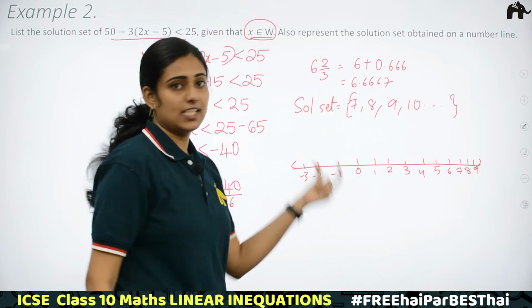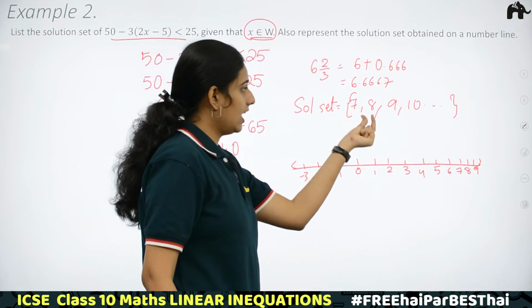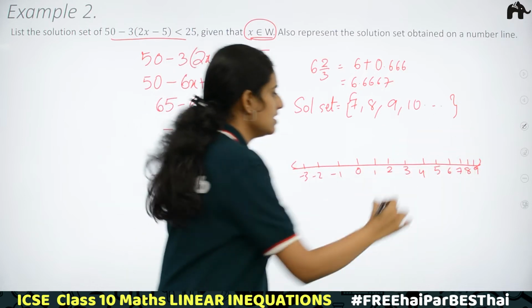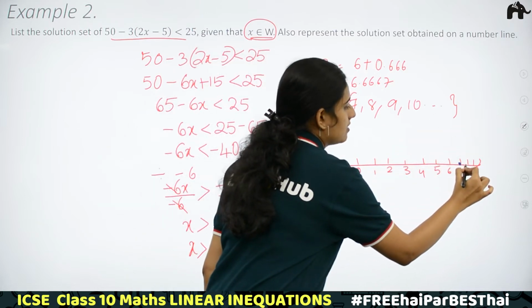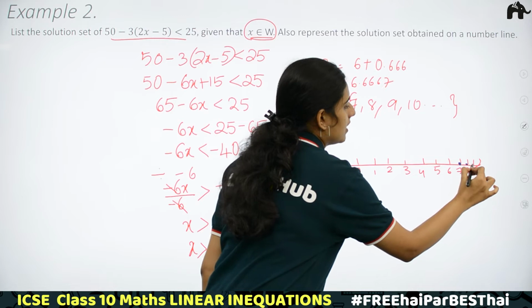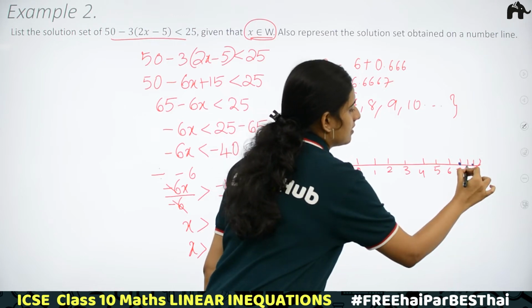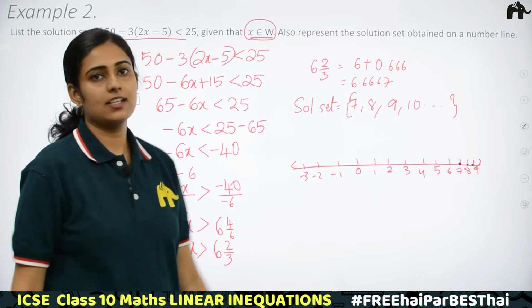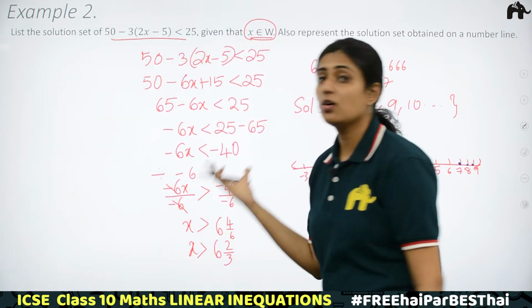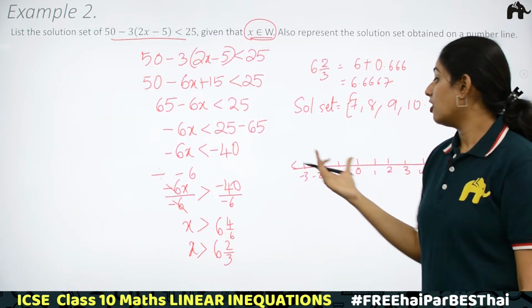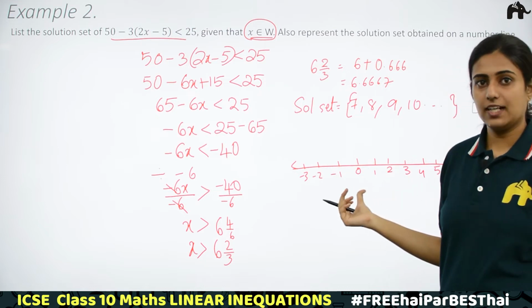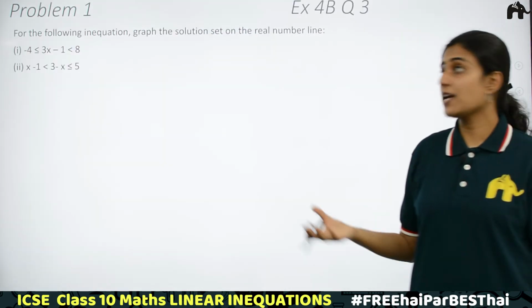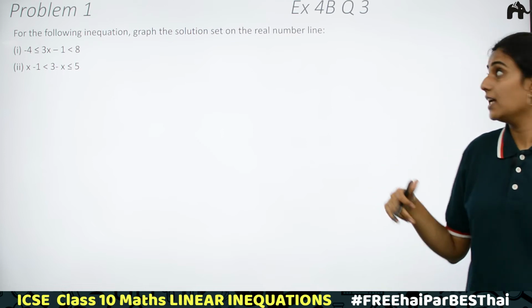Just mark these points, that is 7, 8, 9, etc. This is how we can represent the inequations on whole numbers on the real number line. Clear?